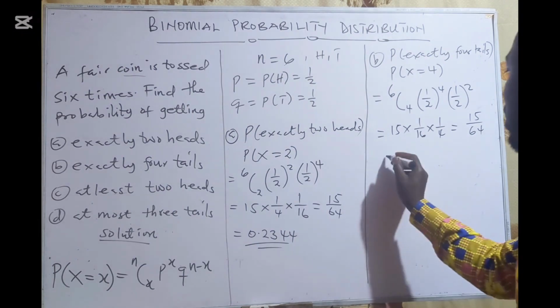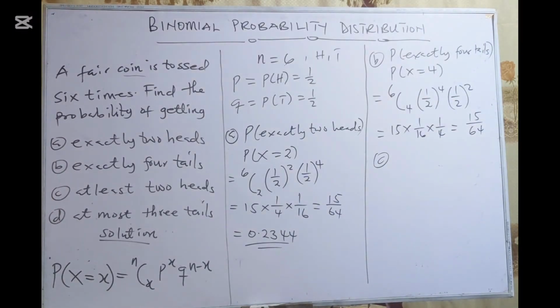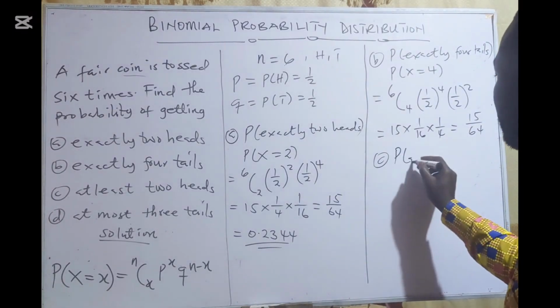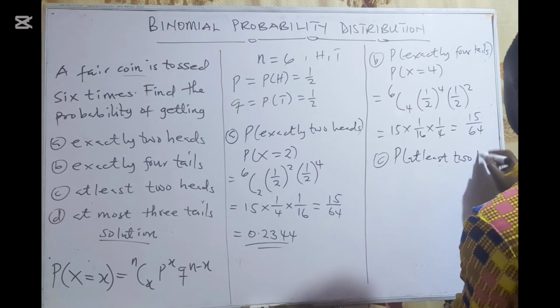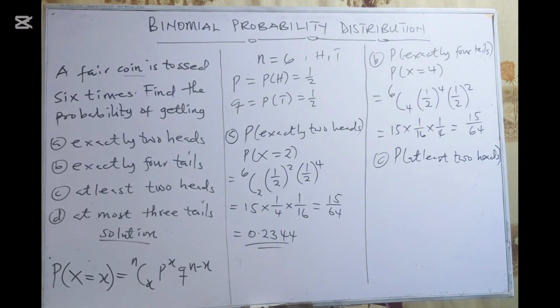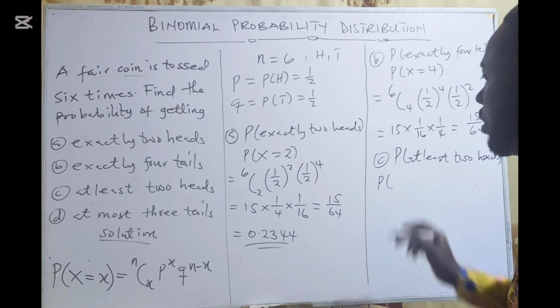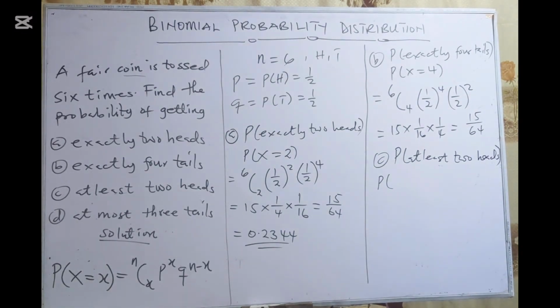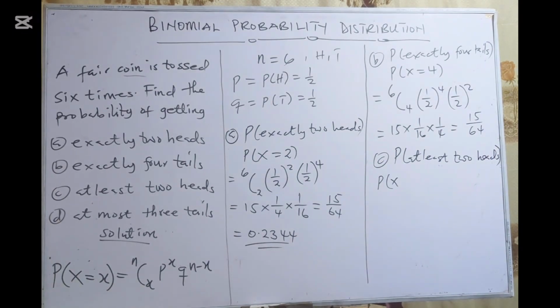Alright, let's go to C. At least 2 heads. Probability of at least 2 heads. Then what will be my X? At least 2 means that the least should be 2. So 2 or more.